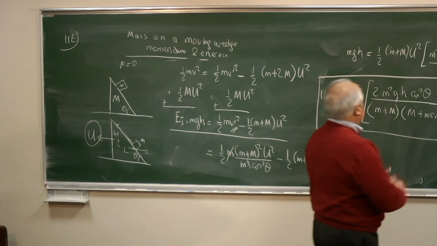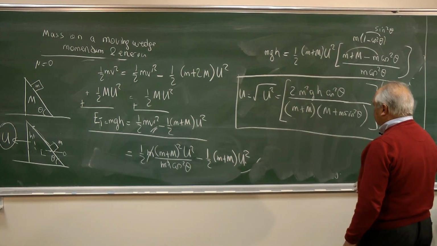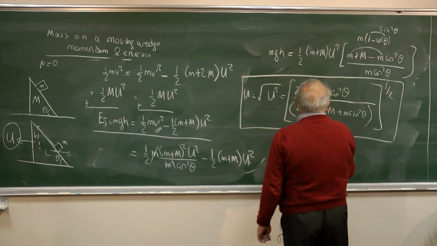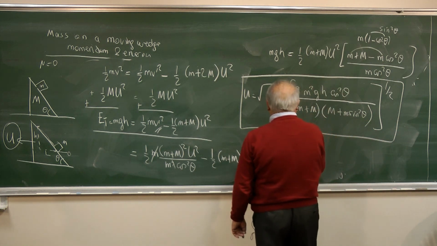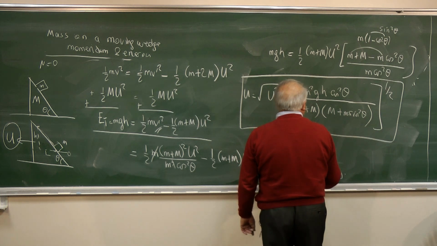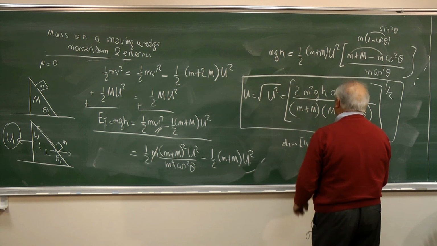Let's check our answer. First, is it giving us the dimension of a velocity? So dimension u equals, this is M squared divided by m squared.